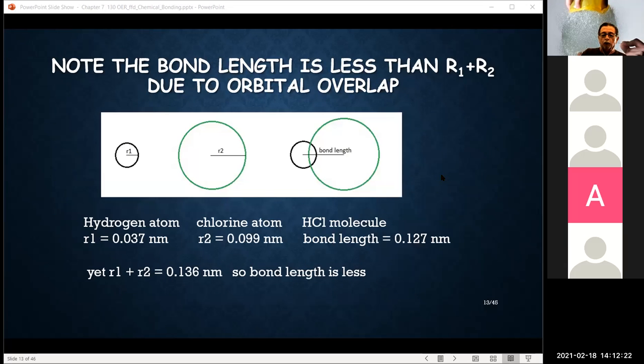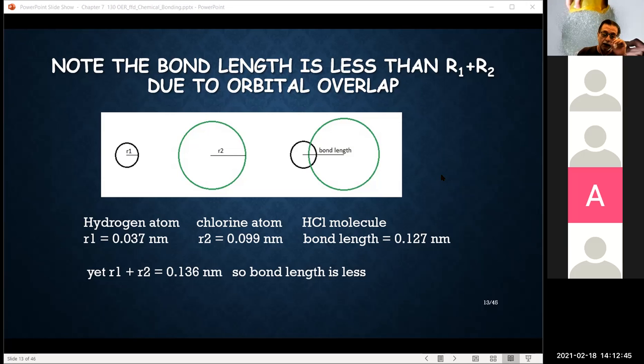Now, it was thought with respect to covalent bonds, and remember, with ionic bonds, when they come together, there's electrostatic attraction. So there is a radius between the nucleus of one atom and the other. There's no sharing going on. With covalent bonds, there is sharing going on.